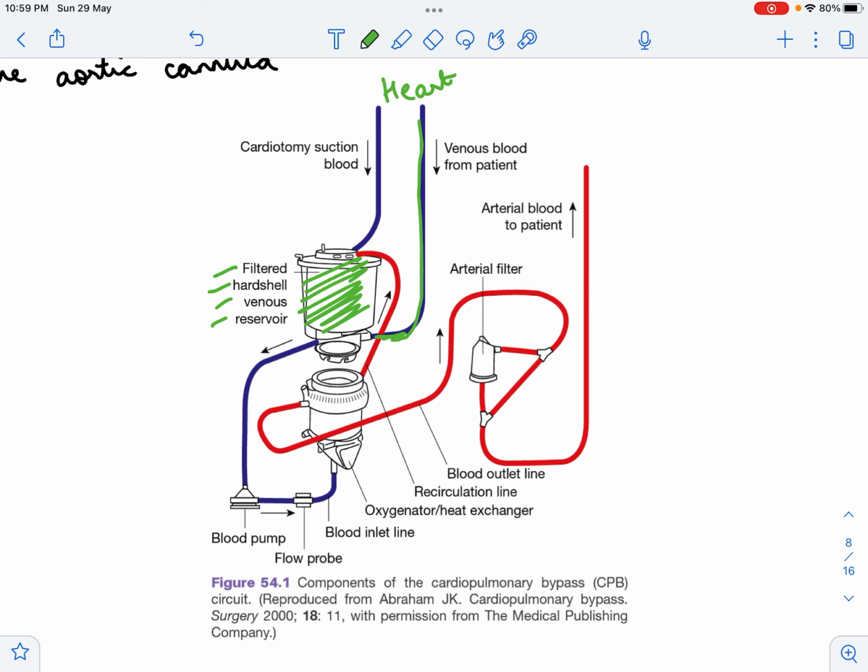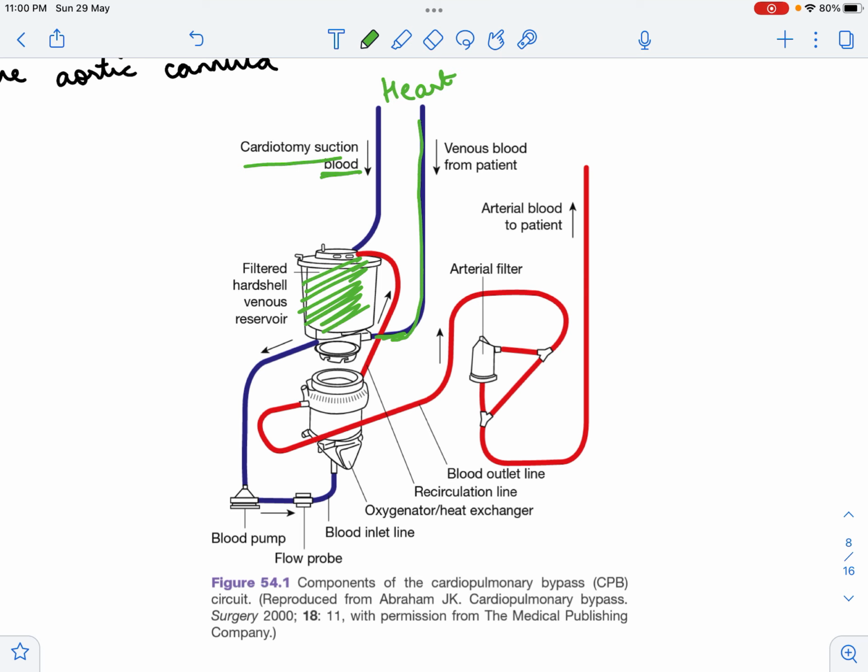For any surgery, you would have heard the surgeon telling, give me the suction, mop the blood, or use suction to remove the blood. Likewise, in the heart, you're going to use a cardiotomy suction. When you operate, the heart is not a bloodless organ. When you open the heart, there is going to be some blood coming out. For that, you're going to use the cardiotomy suction. Blood from this cardiotomy suction and the venous blood enters this reservoir.